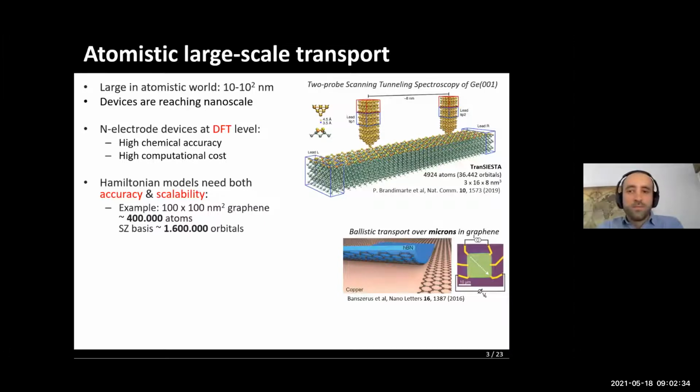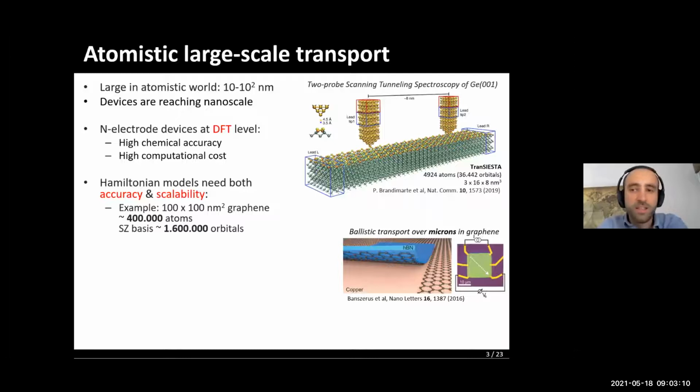So first of all, in this talk, when I say large, I mean it from the point of view of atomistic electronic structure simulations. So that means I'm not going to talk about micrometers, but already tens or hundreds of nanometers can be considered large when you perform electronic structure simulations atom by atom. And what is interesting anyways is that the devices in experiments are downscaling at a very rapid pace.